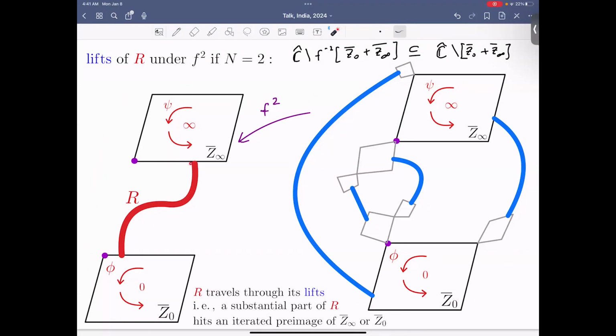What we can deduce is that curves in this rectangle, or saying it slightly simpler, this rectangle should travel through the pre-images of R. Namely, curves in R, for example, can start here, then go to this bubble, then do something in this bubble, and then cross into the node using the pre-image of R.